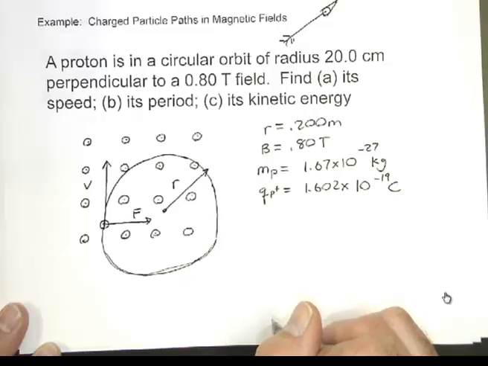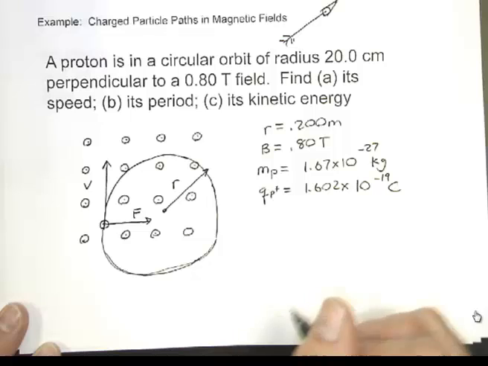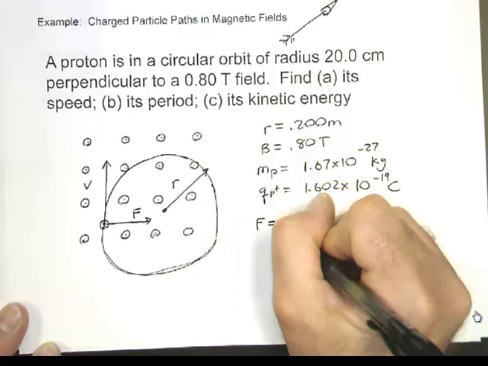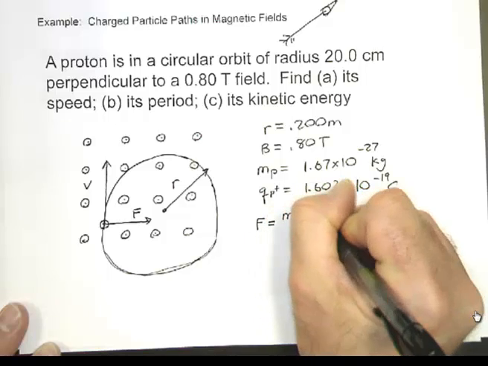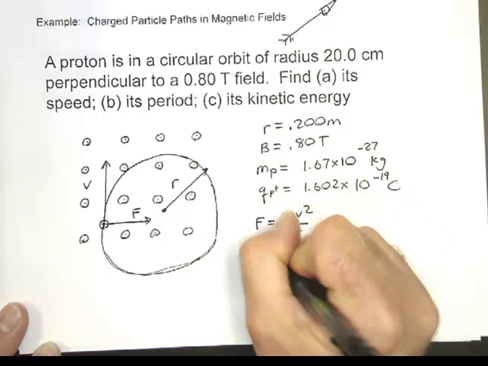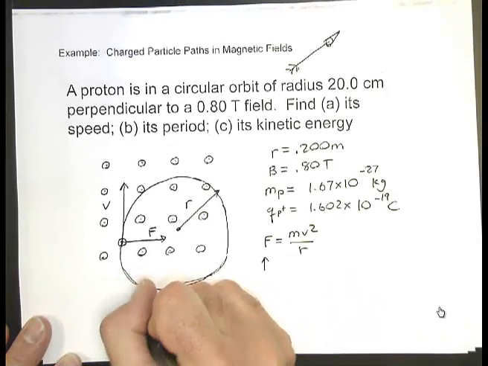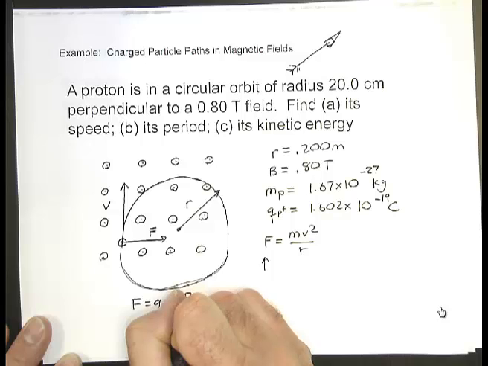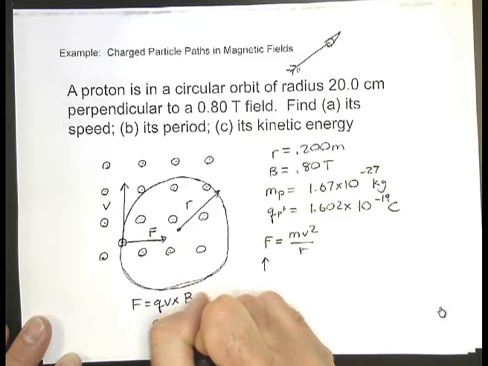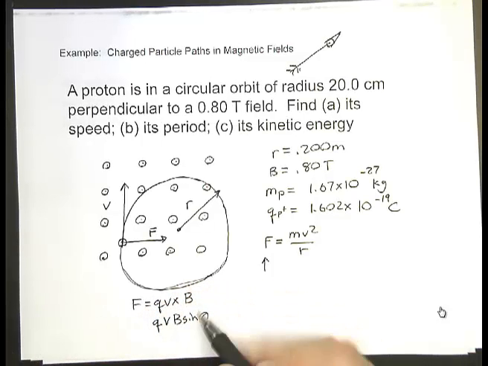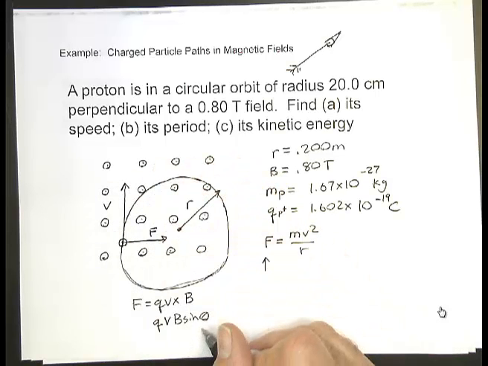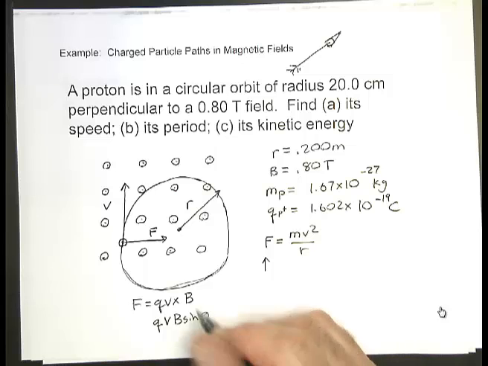All right, so if I'd like to know how fast this little guy is moving, one way to do it again is to say the centripetal force causing this thing to move is mv squared over r. The force, however, remember, is qv cross B, or the magnitude of the force qvB sine theta, where theta is the angle between this velocity and the magnetic field, which of course is 90 degrees, so sine is 1.